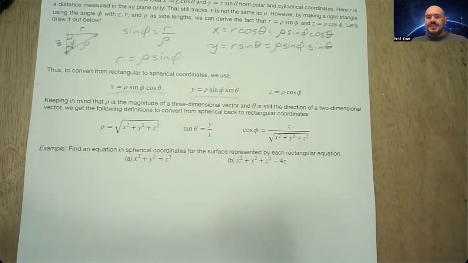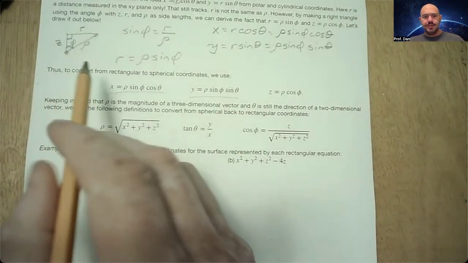And to take our conversions in the other direction, we can still use these same ideas from what we learned about vectors. Except this time we don't have R being a magnitude for a two-dimensional vector. We have rho being the magnitude of a three-dimensional vector, right?